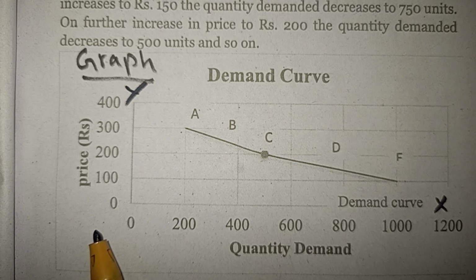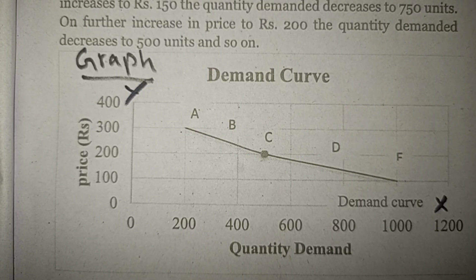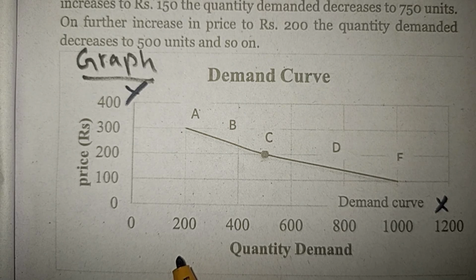Now here we observe the changes in quantity demanded due to changes in price. When the price of sugar is 300 rupees per kg, then the quantity demanded is 200 kgs of 10 families, for example.